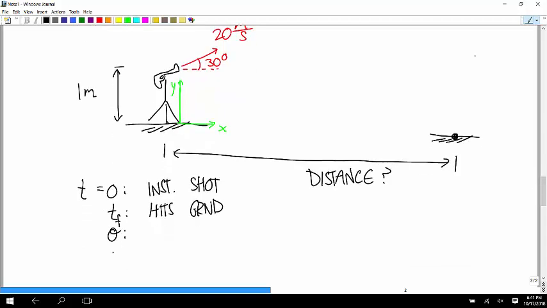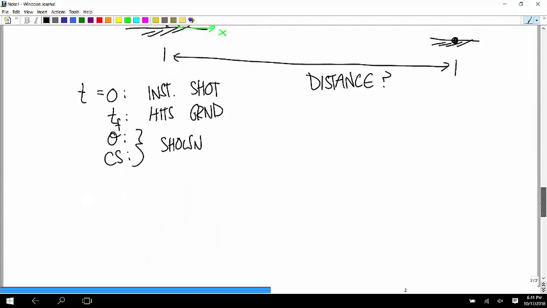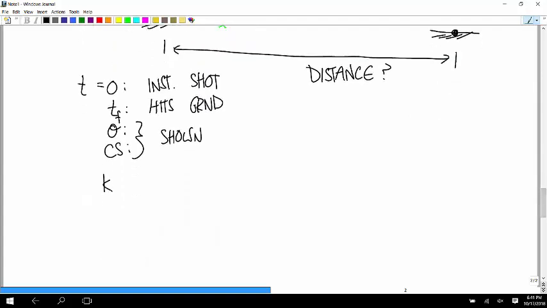The origin and the coordinate system are shown in the picture. We don't know time final. We're okay without it if we don't need it.